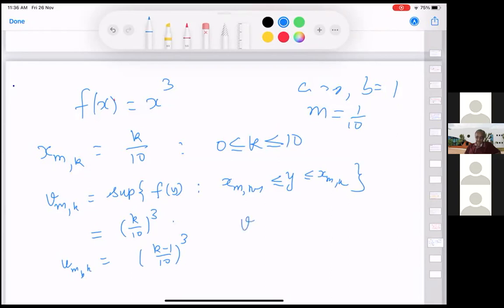And so we'll have 1 by 10 cube times (k cube minus (k minus 1) cube). So you can do some algebra and get hold of this expression.